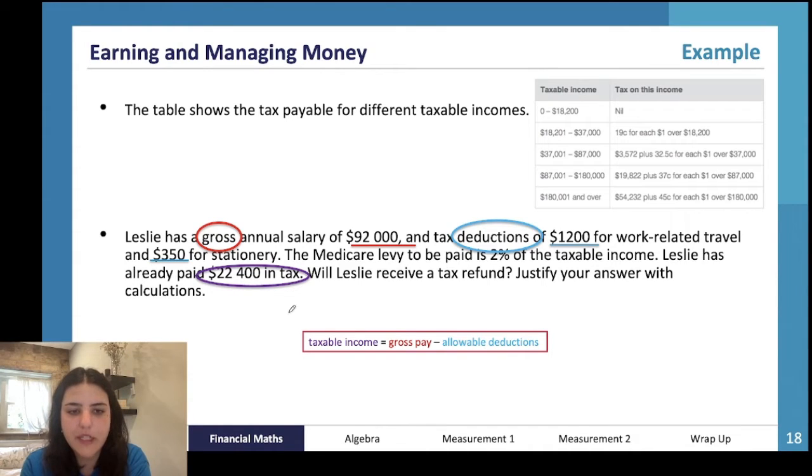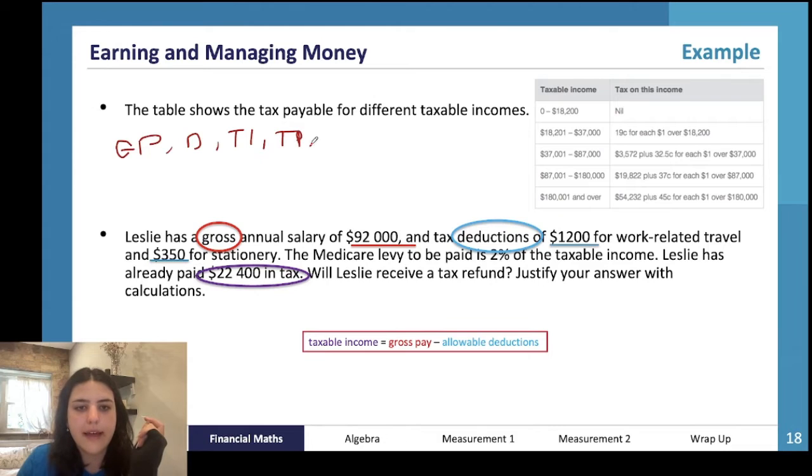Leslie has already paid $22,400 in tax. Will Leslie receive a tax refund? Justify your answer with calculations. So this question is touching on all of the things we've just talked about. We have our gross pay, our deductions, our taxable income, our tax payable, and our refund or payment.